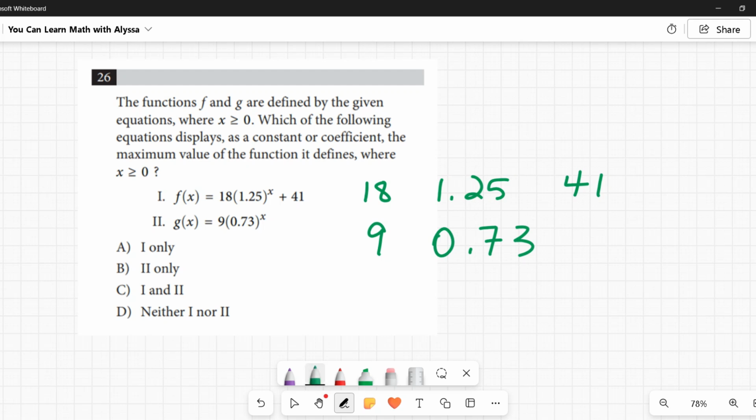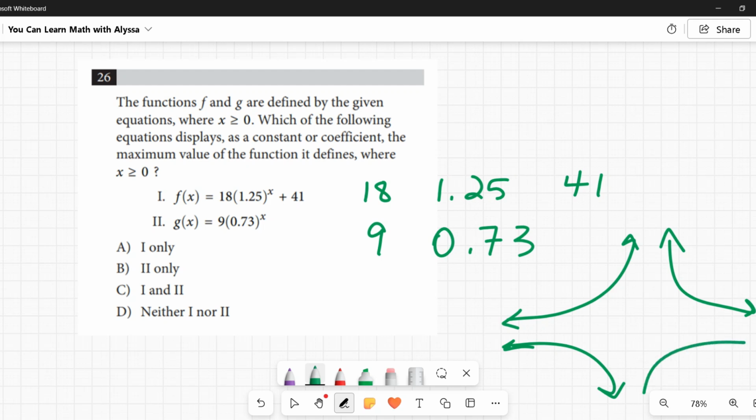Exponentials can come in 4 different varieties. They can look like this, like this, like this, or like this. Those are your 4 main varieties of exponentials. In this case right here, they're going down to the left and going up forever to the right.